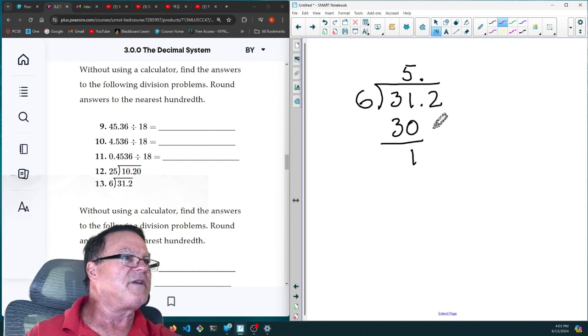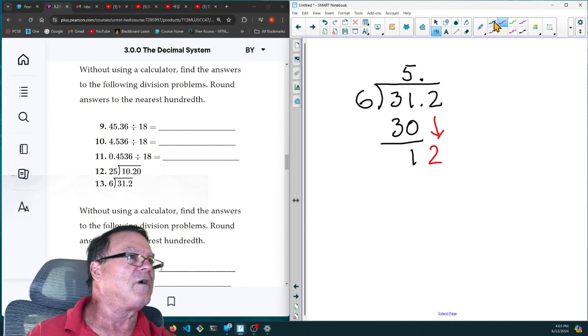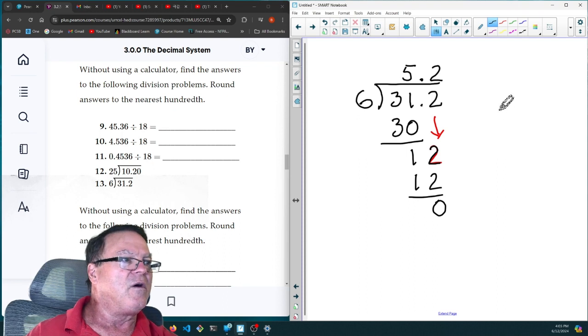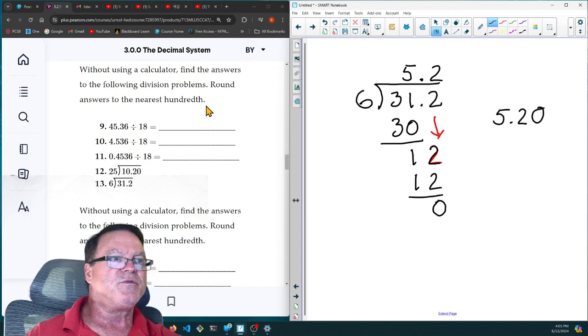I'm going to bring down my 2. 6 times 2 is 12, so I'll put my 2 here, which is 12, with a remainder of 0. Now, my answer is 5.2, but they want us to round to the nearest hundredth, so we're going to just put a 0 and say 5.20, and that's rounded to the nearest hundredth.